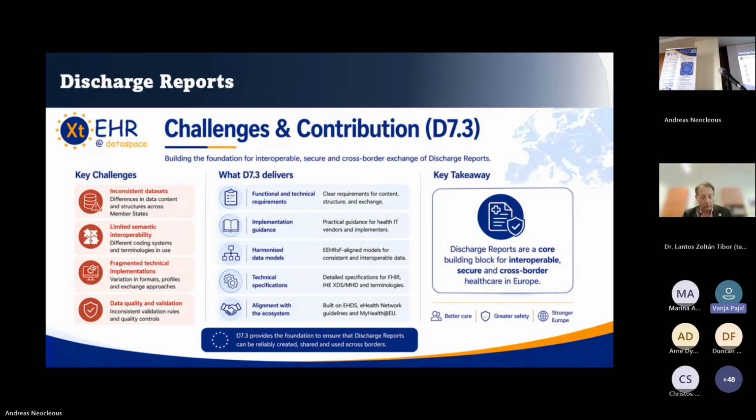So the regulation and the standardization under the regulation is one thing, but the actual clinical practice and the actual clinical need is something else. Similar to other tasks, this work will probably need to go on.